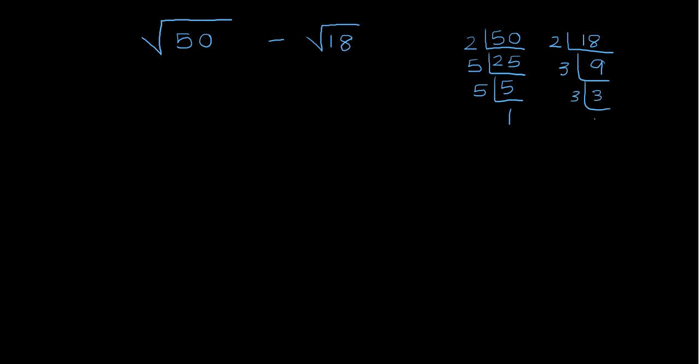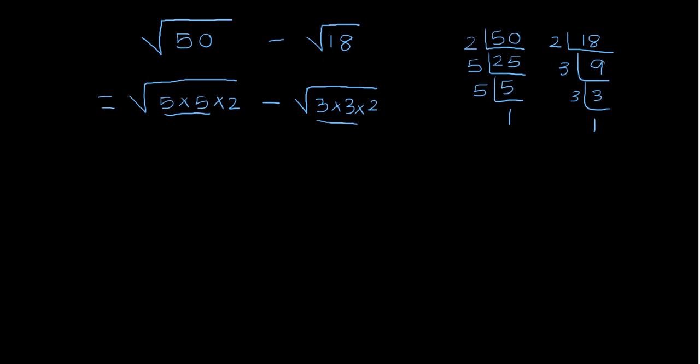and 3. Okay, so the square root of 50 can be written as 5 times 5 times 2 minus the square root of 18, which can be now written as 3 times 3 times 2, and that's a square and square, so I can just write as square root of 25 times 2.